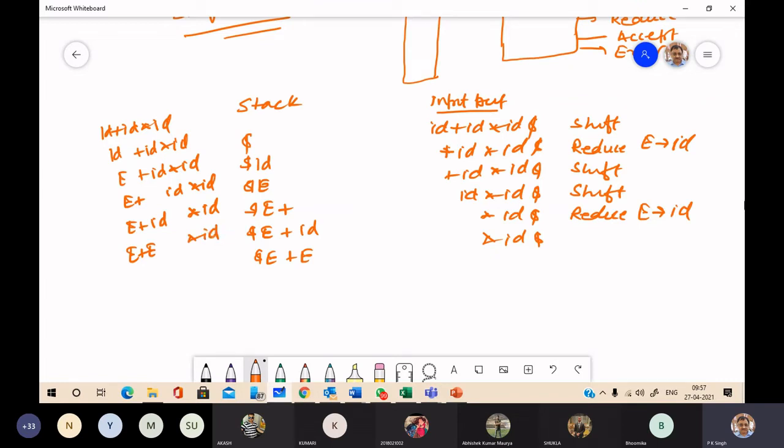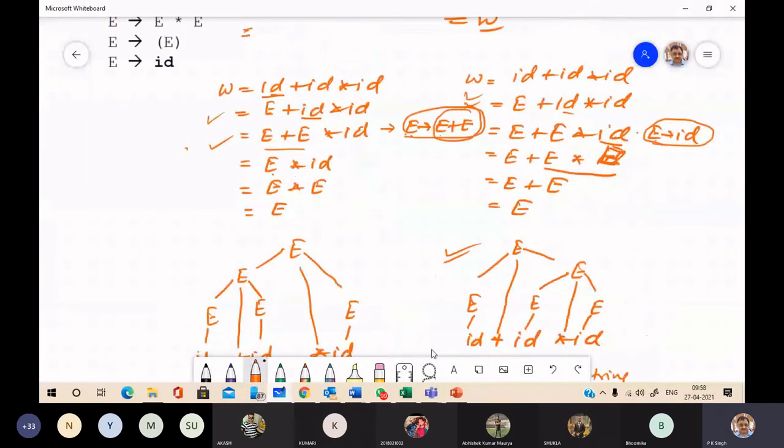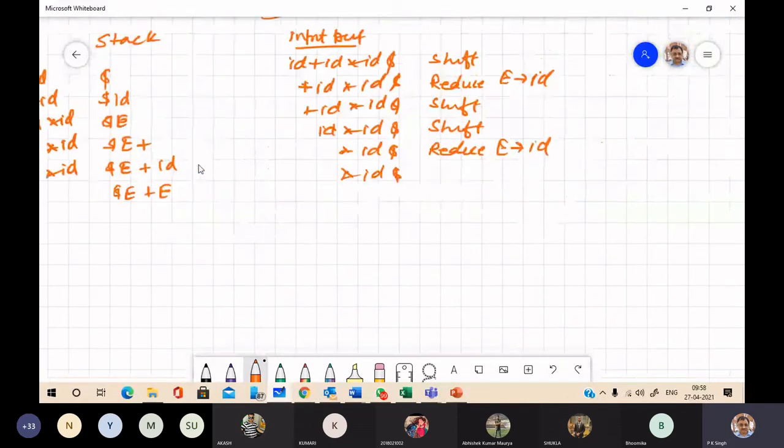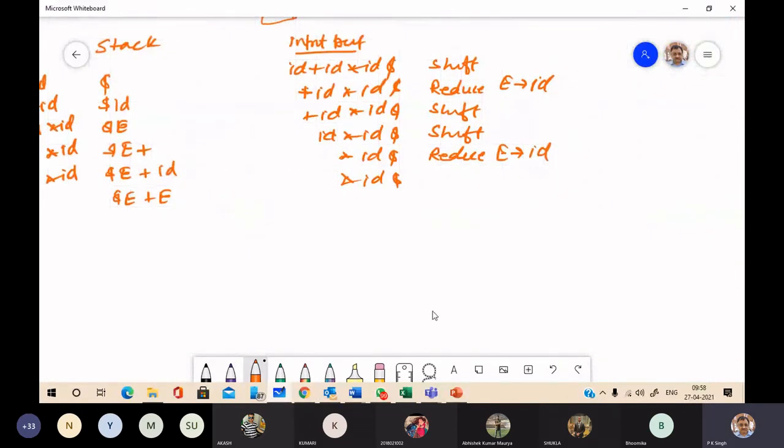If you go back and look here, this is the case. And here the handle is this, not this. So actually, if you see at this point, you have a conflict, a shift-reduce conflict: either reduce by E or shift this asterisk.